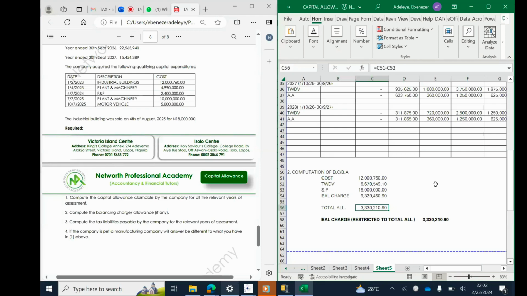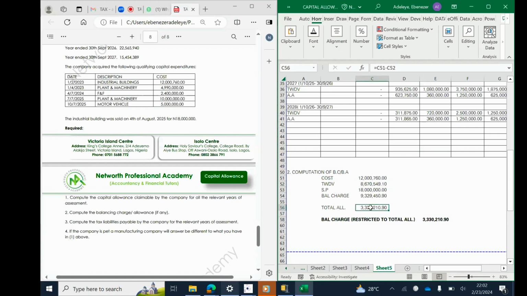Recall that for us to get tax written down value, all we have to do is to remove the allowances from the cost. So if I want to get the total allowance, all I have to do is say how much allowances have been removed from this cost to arrive at this. To do that, I just do this minus this, and I have all of the allowances that have been enjoyed as this.